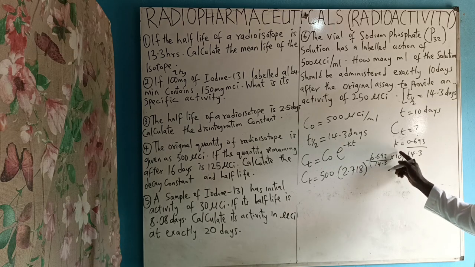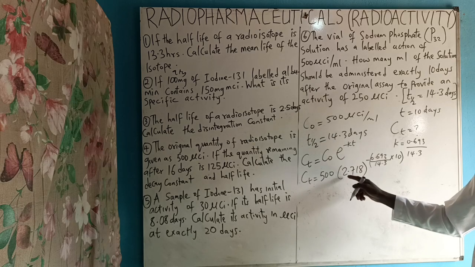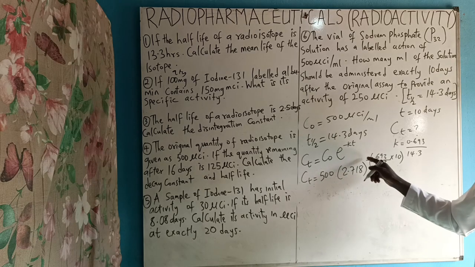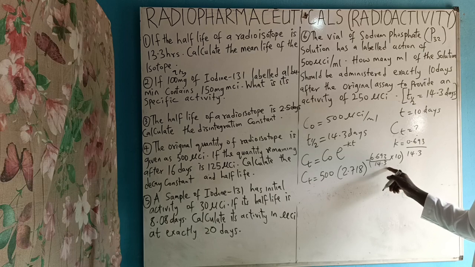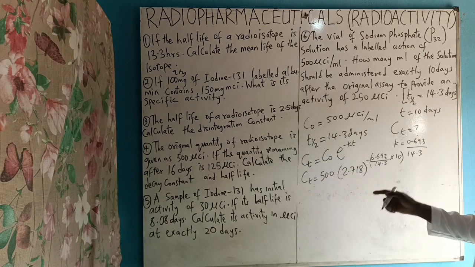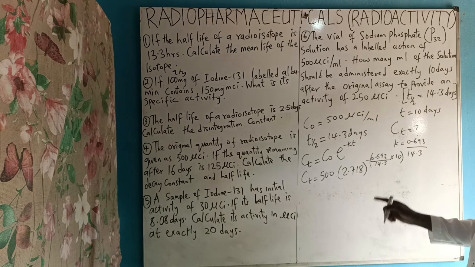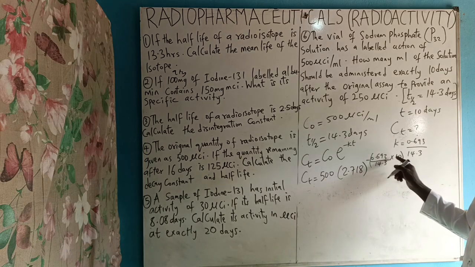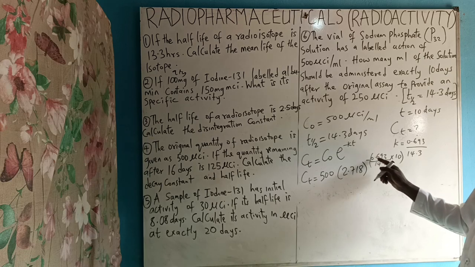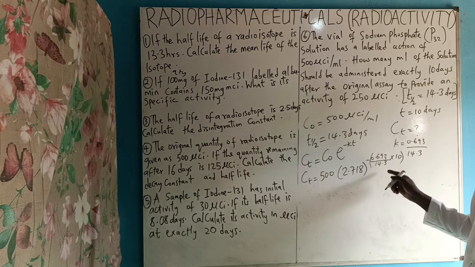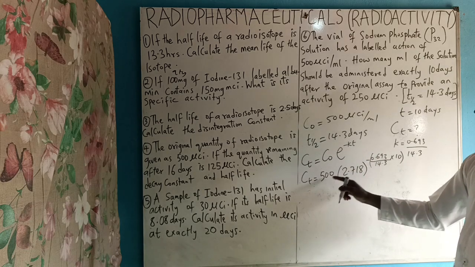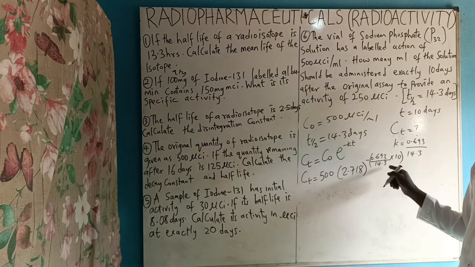Whatever it gives you, get 2.718 raised to the power of the negative of that number. So you simplify 0.693 times 10 all over 14.3. That will be giving you 6.93 all over 14.3. Sort it out, then 2.718 raised to the power minus that answer.